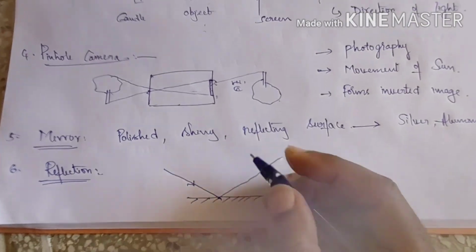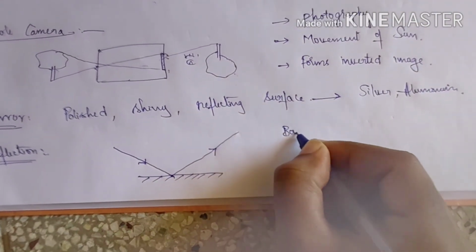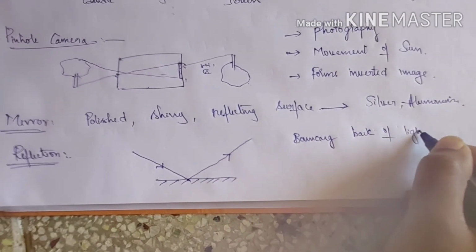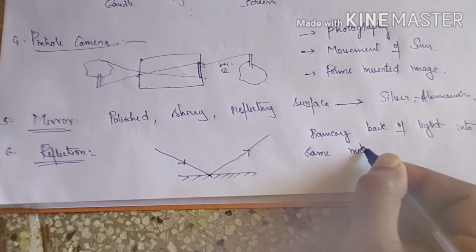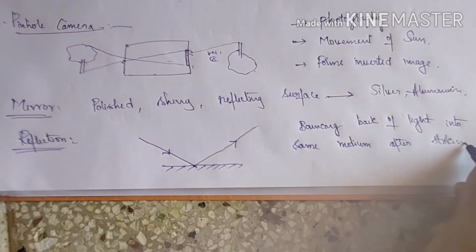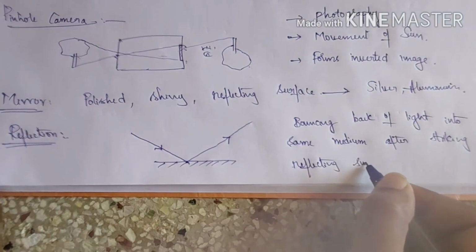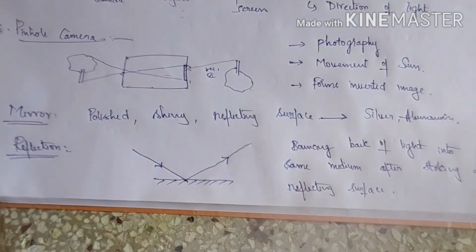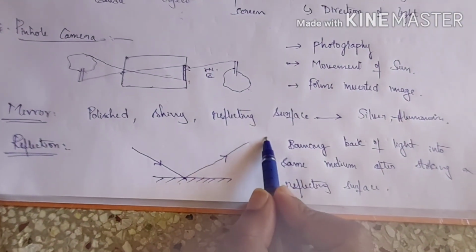So reflection is the bouncing back of light into the same medium after striking a reflecting surface. You will learn more about reflection in your higher standards. For now, I'm just giving you a definition. When light falls on a reflecting surface, it bounces back into the same medium.